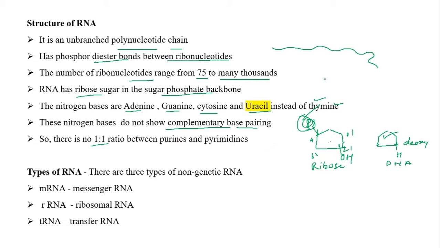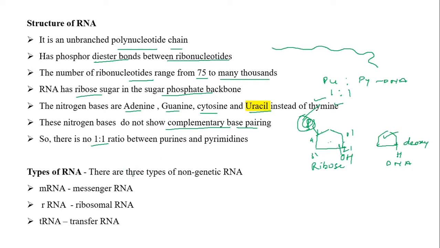Like in DNA, purines and pyrimidines exist in 1:1 ratio because their complementary base pairing is seen in DNA. But in RNA, there is no pairing, no helical structures, no coiling, so there is no complementary base pairing. That is why there is no 1:1 ratio in purines and pyrimidines.